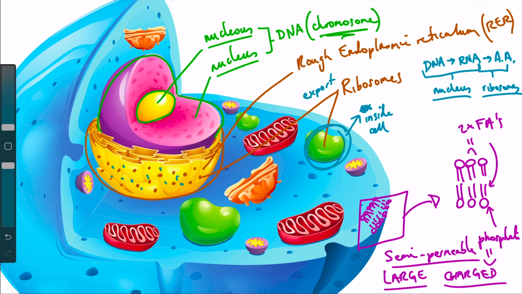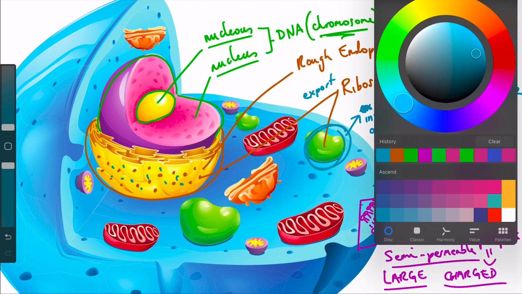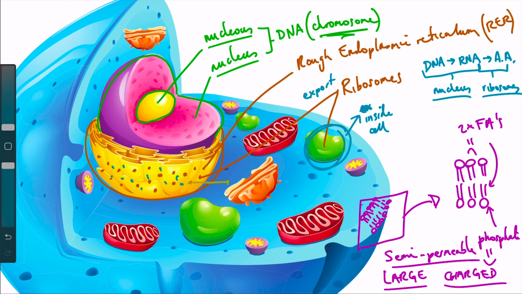So let's stick to this process, right? Let's stick to the ribosomes on the rough ER. The nucleus has spat out some RNA, given it to the rough ER. The ribosomes turn it into amino acids, and then they pass it all off to this structure here.